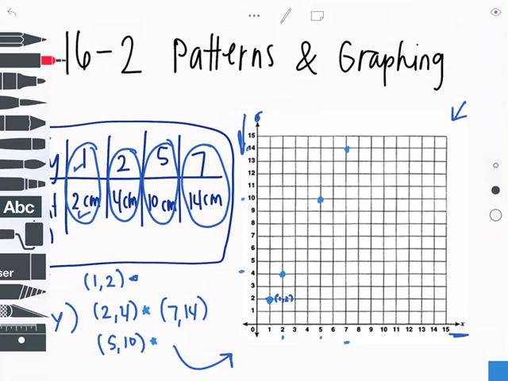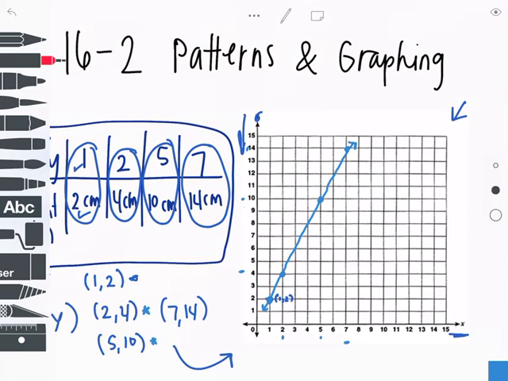Okay, and when you have data points in a table and you're graphing those data points, this is what you're supposed to do to finish your graph. So you have to connect them all. Okay, and then these arrows show that the relationship continues because the plant is going to keep growing.